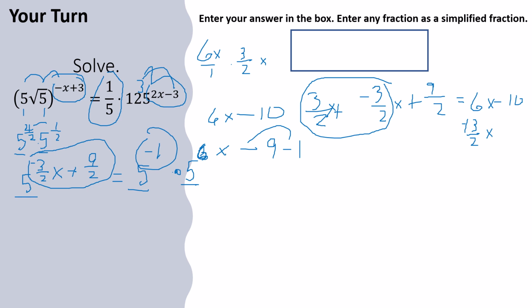Find a common denominator. It's going to be 2. So multiply by 2 over 2. You get 6 times 2 is 12x on the top and 2 on the bottom. So 12x plus 3x is 15x over 2.